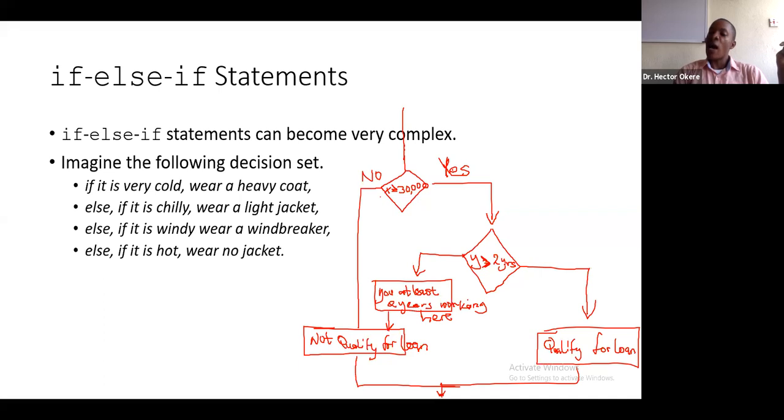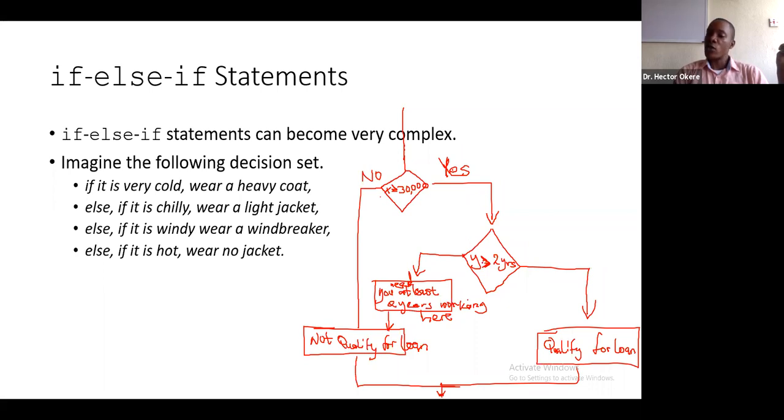Yes, okay. Have you worked in this company for more than 2 years? No, then sorry, you need at least 2 years working here. Okay, then not qualify for loan.